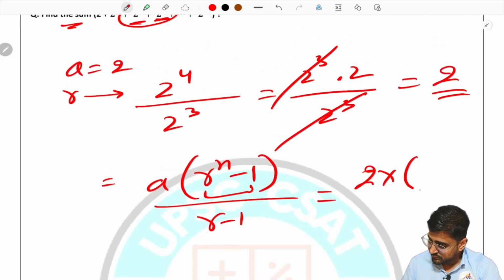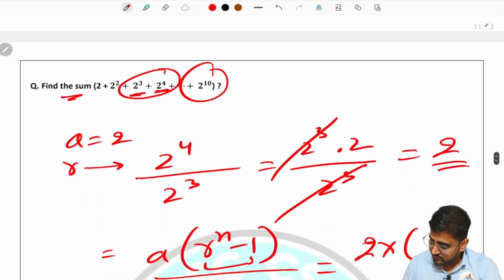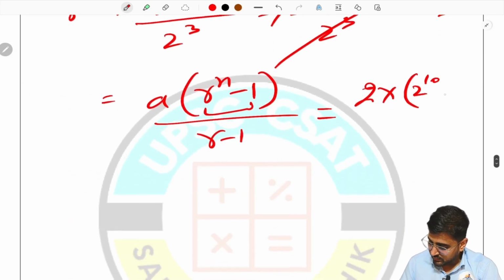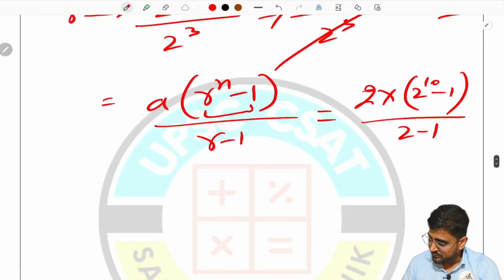A is 2, R^n last one is 2 to the power 10, so 2 to the power 10 minus 1 divided by 2 minus 1. R is 2, na, 2 minus 1.